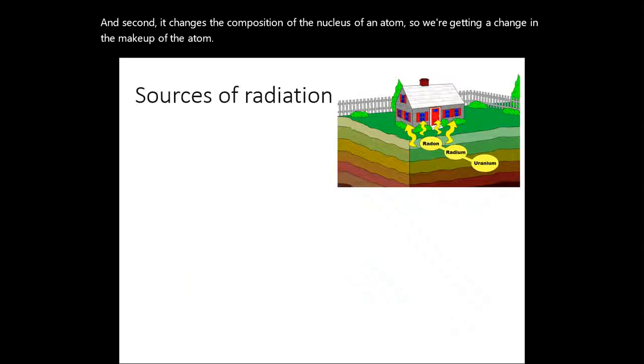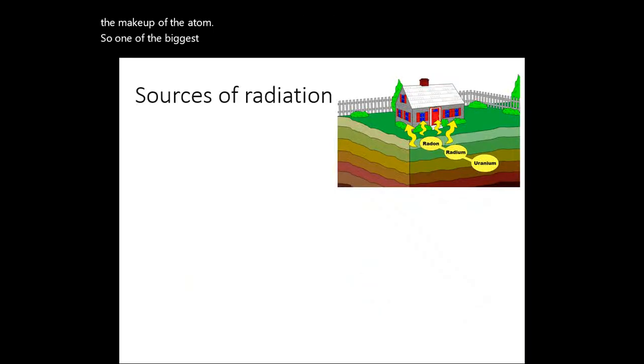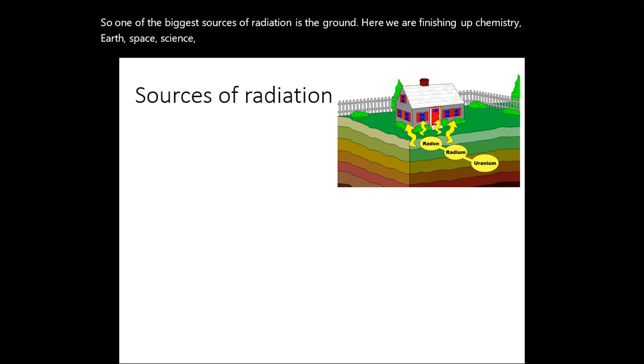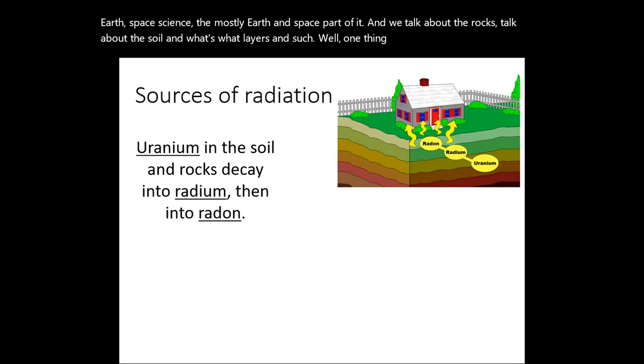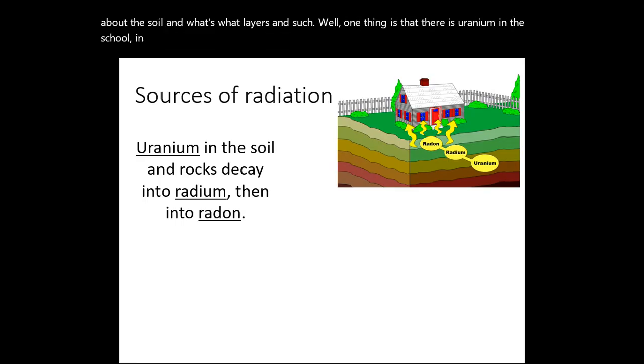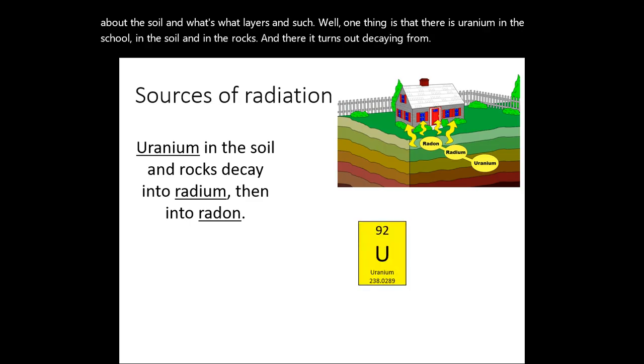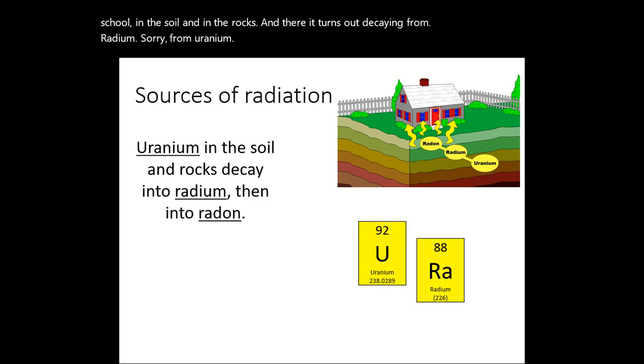So one of the biggest sources of radiation is the ground. Here we are finishing up Chemistry, Earth, Space Science, the mostly Earth and space part of it. And we talk about the rocks, talk about the soil and what layers and such. Well, one thing is that there is uranium in the soil and in the rocks, and it turns out decaying from uranium, then changing into radium, and then changing into radon.